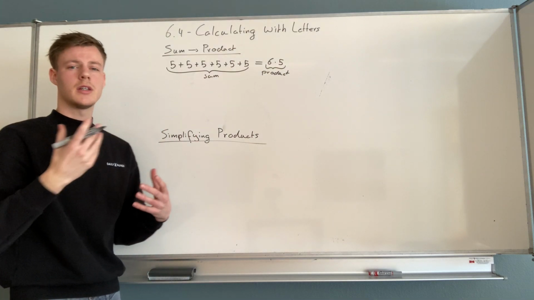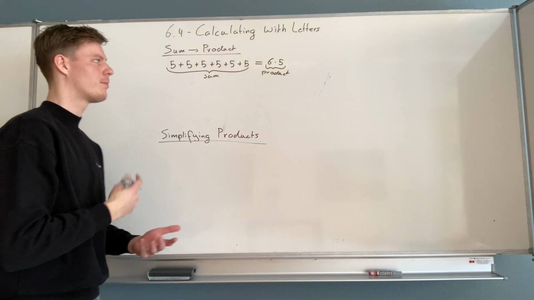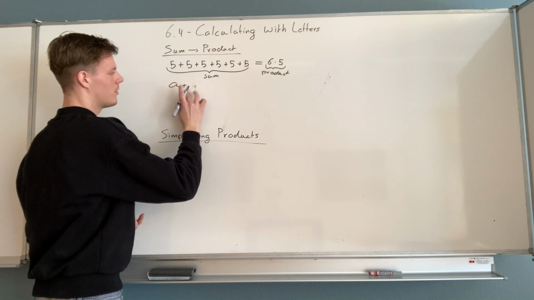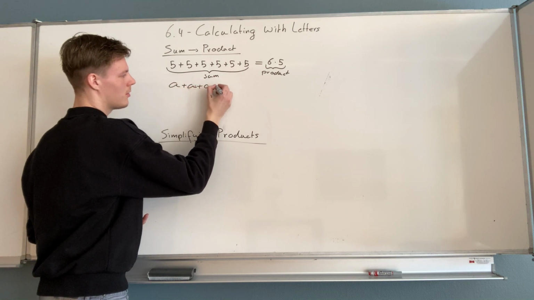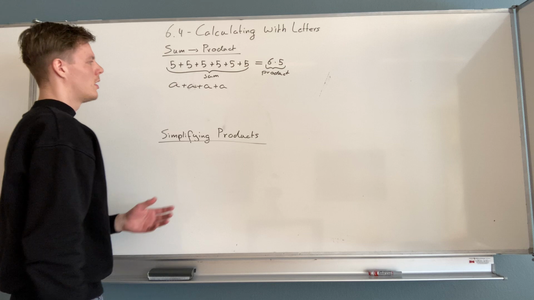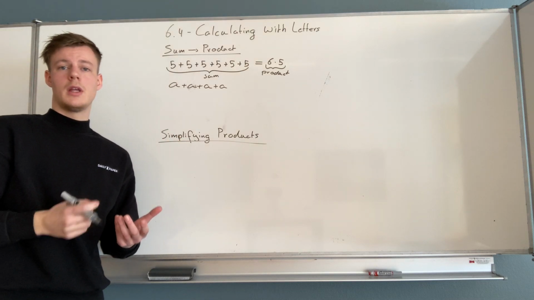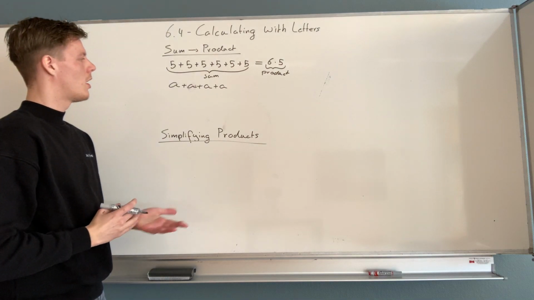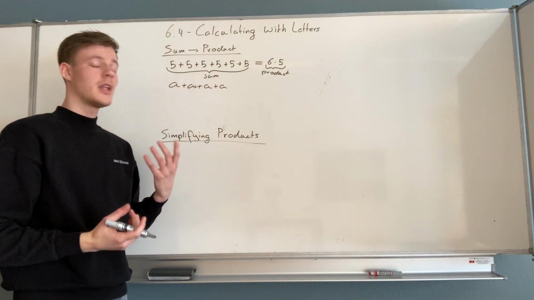So now let's see an example with letters. For example, A plus A plus A plus A. We don't know what the letter stands for, which number they represent. But they are the same number.